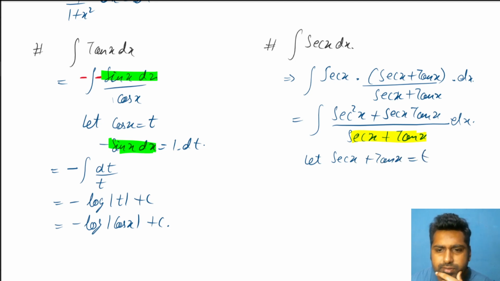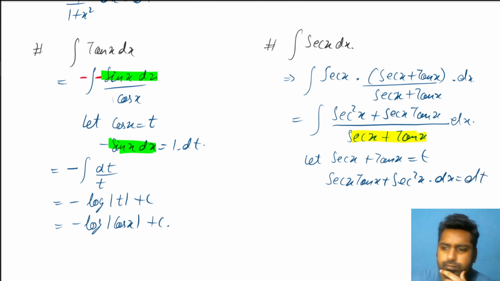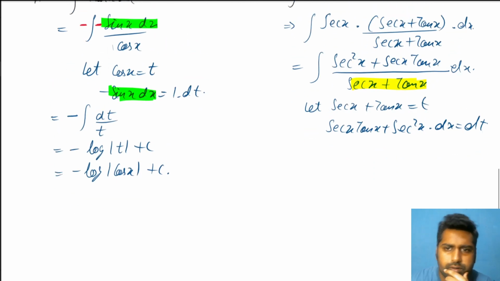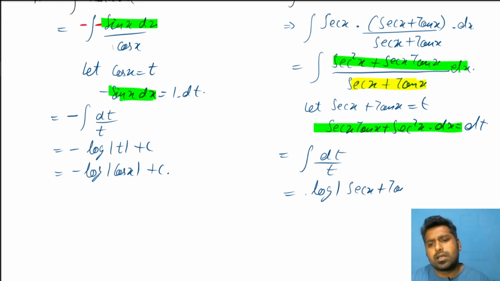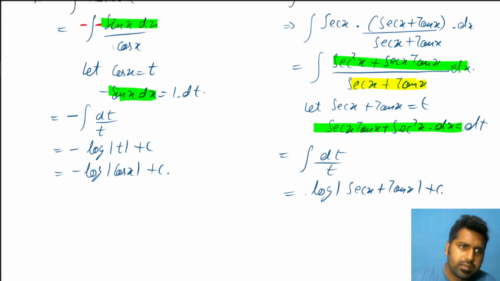You'll see the differentiation of this becomes sec x tan x plus sec square x dx is dt. Okay. You see this whole thing is present here. So that makes it integration, numerator becomes dt and denominator becomes t. Again same idea, log mod t. What is our t? Sec x plus tan x plus c.